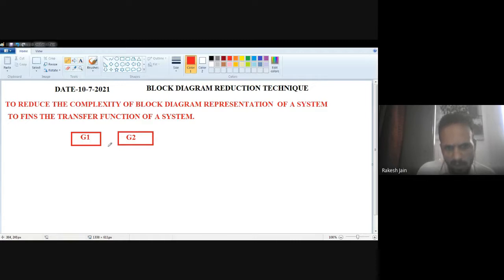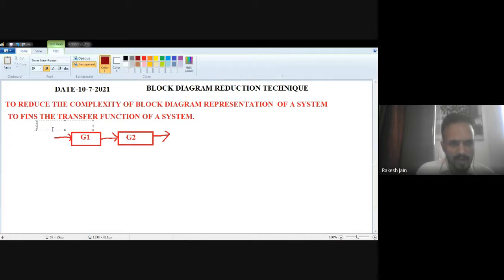If the blocks are in cascade, like this, both continuous to each other, this is a form of cascading. So the first rule for block diagram reduction technique is when blocks are in cascade.